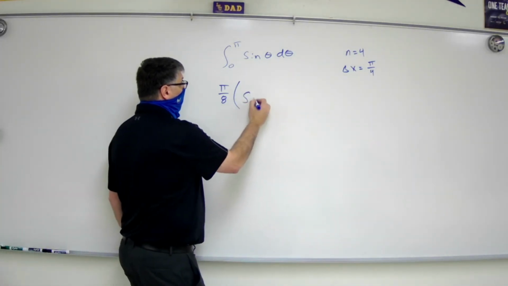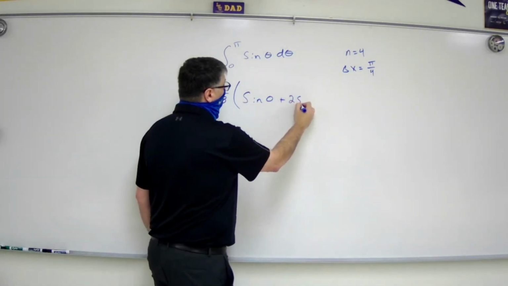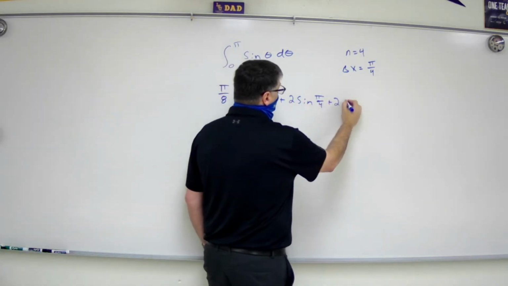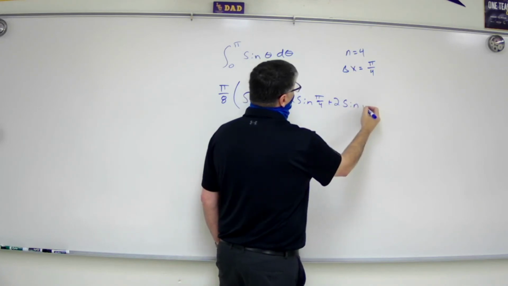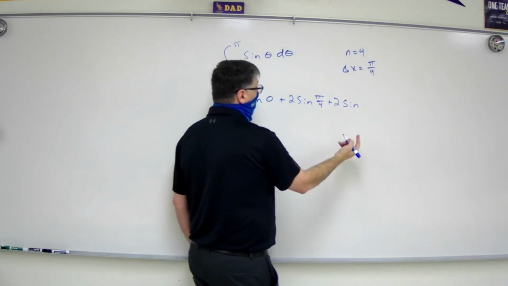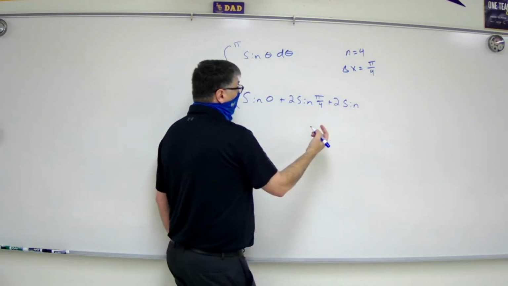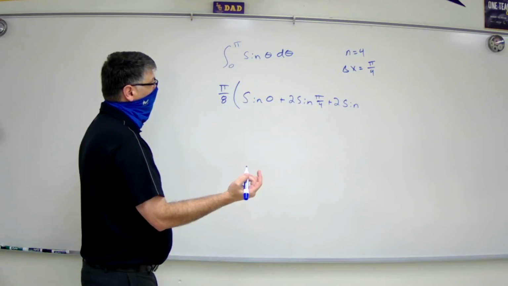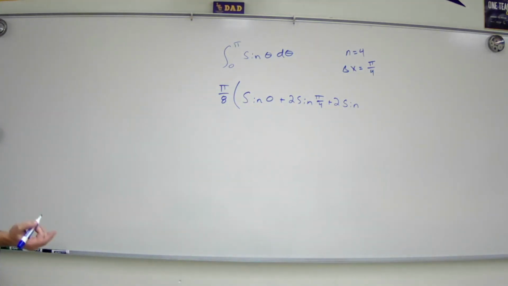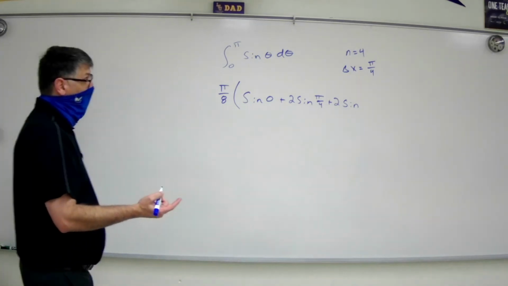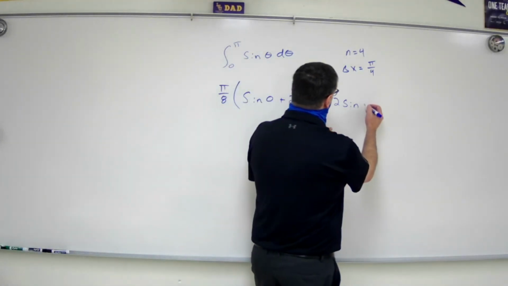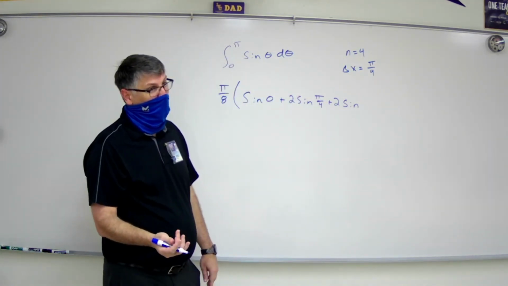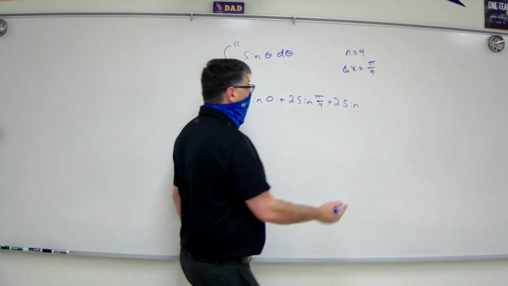So I'm going to do sine of 0 plus 2 times sine of pi over 4 plus 2 sine of, let's see, pi over 4, that gives me 2 pi over 3 pi over 4. What am I doing? I'm off somewhere. No, pi over 4 is 45 degrees, so 0, 45, should be 90.